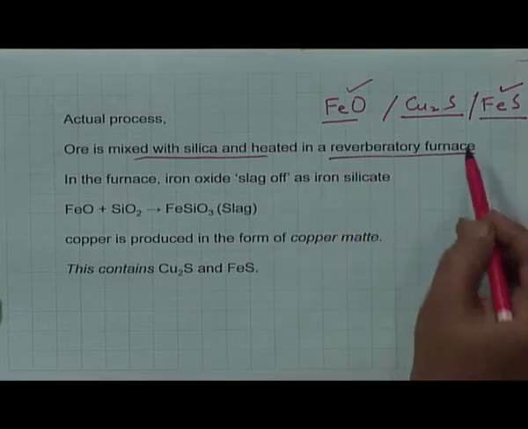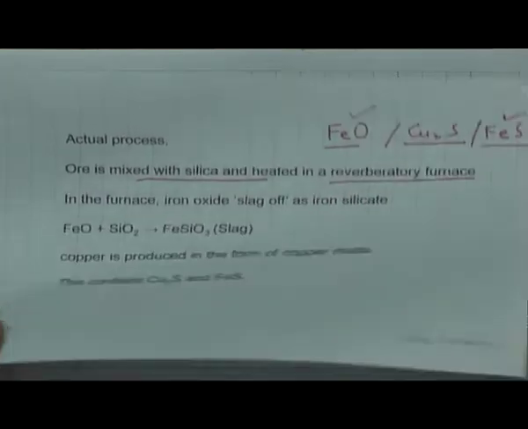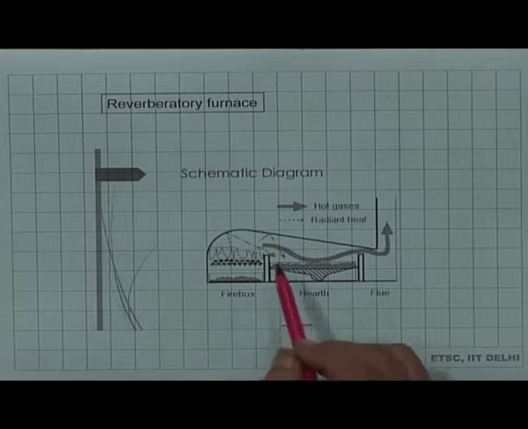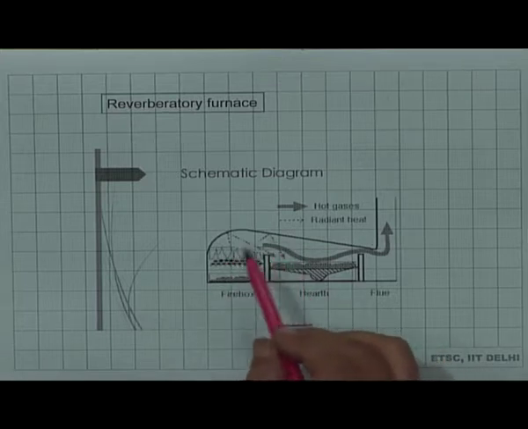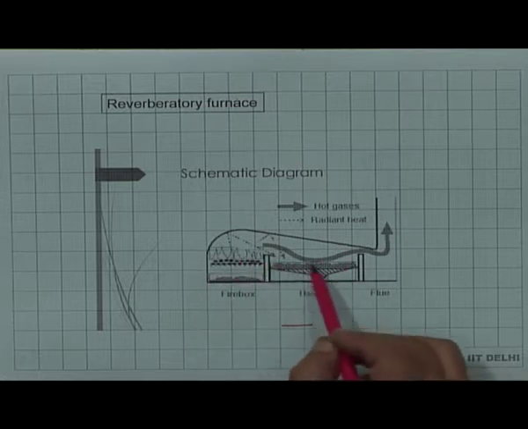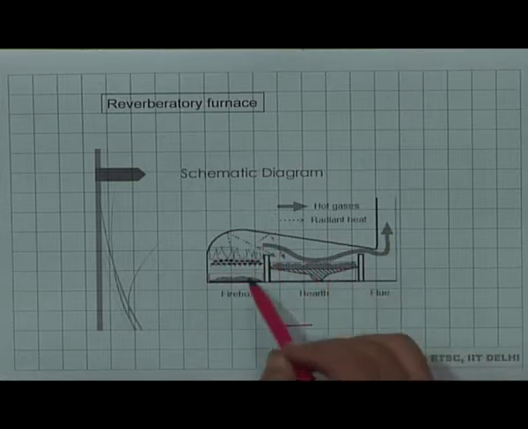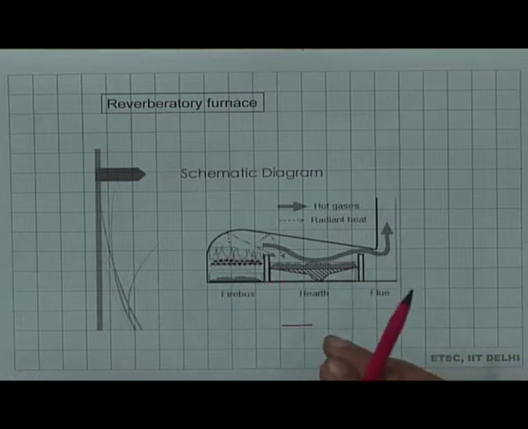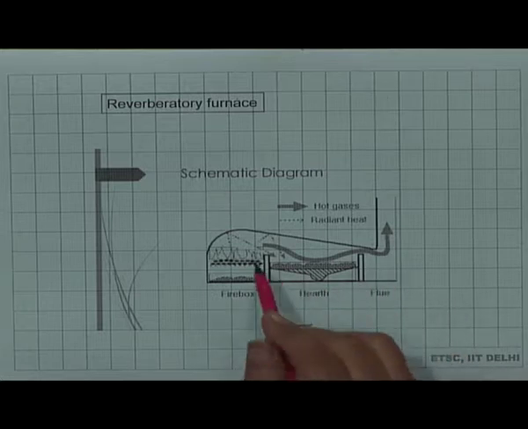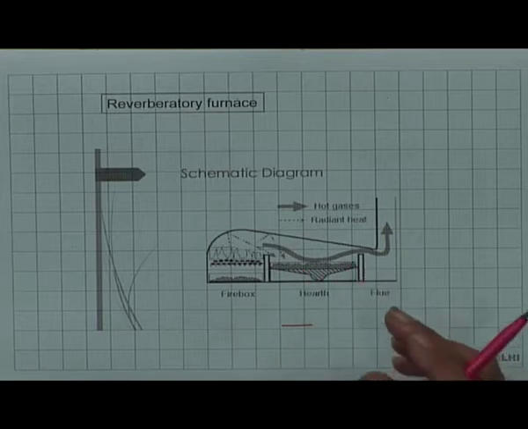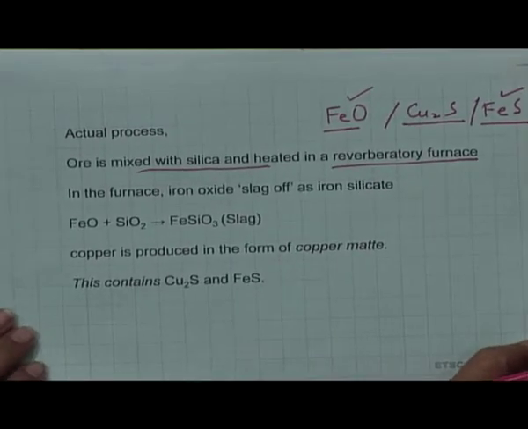which you have learnt earlier, and just to remind you, I show you the diagram of the reverberatory furnace. This is the diagram of the reverberatory furnace. Here the ore mixed with the other material is heated, and the heating is carried out by the hot gases, and here all the conversions occur inside the furnace, and the impurities etcetera are removed in the form of slag.